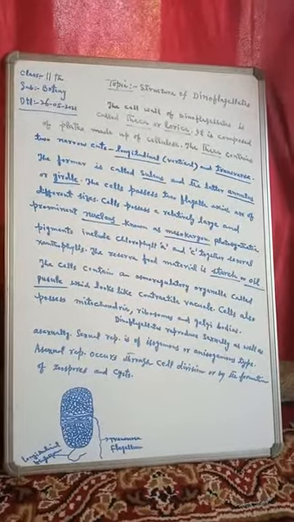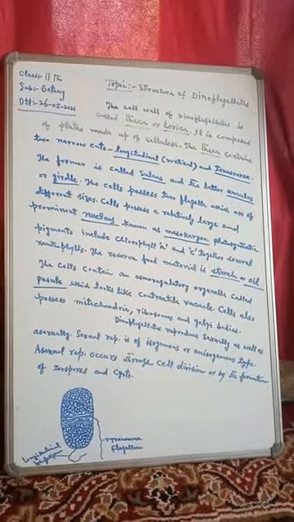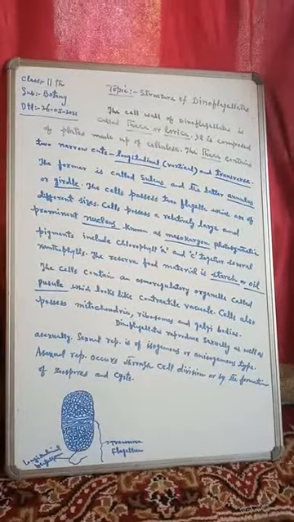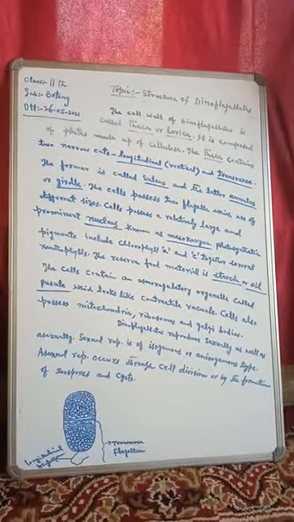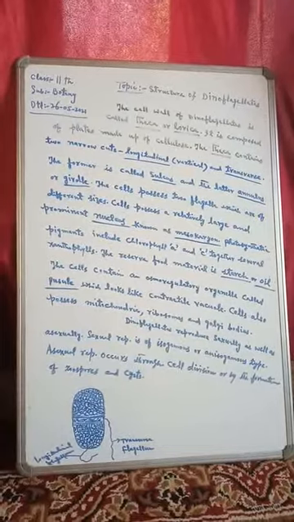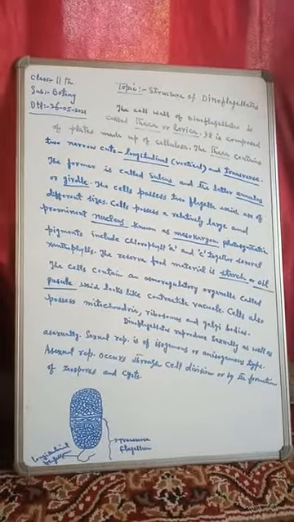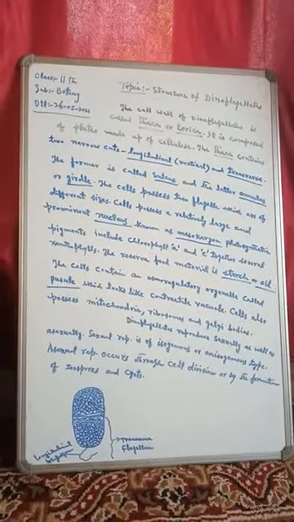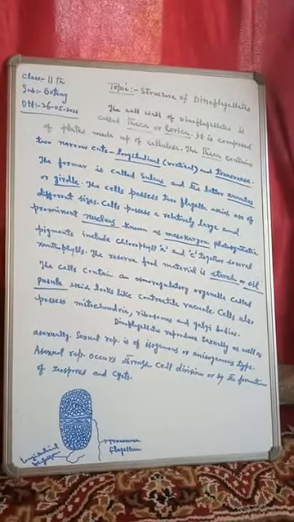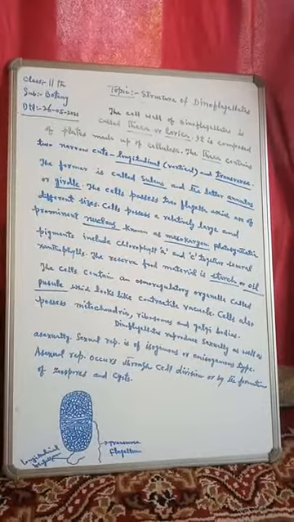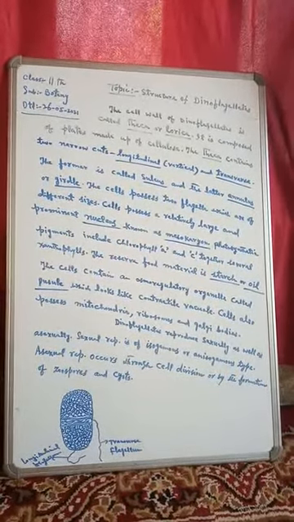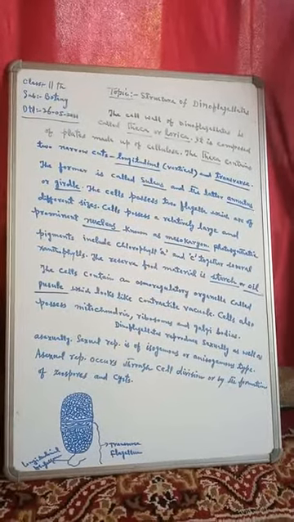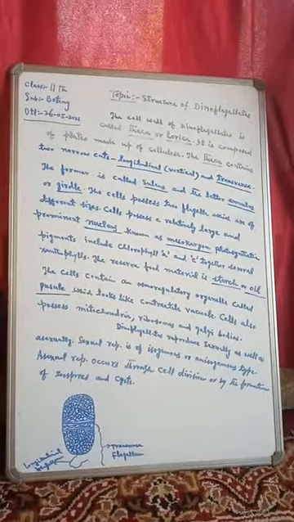The cell wall of dinoflagellates is called theca or lorica. It is composed of plates made up of cellulose.